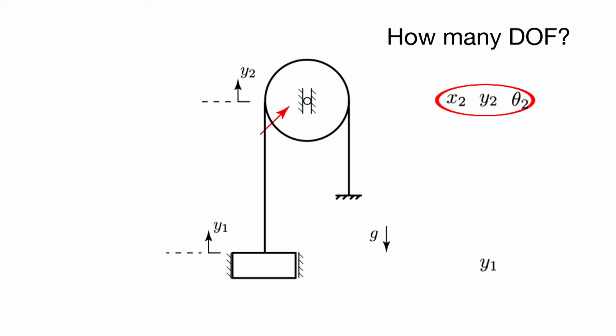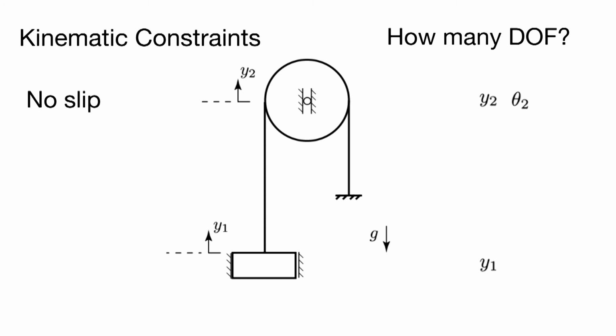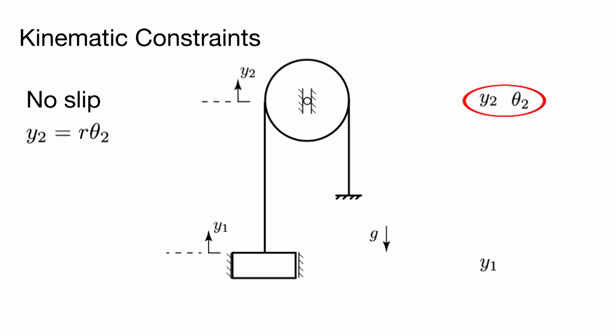The walls constraining the pulley prevent horizontal motion as well, leaving 3 possible degrees of freedom, y1, y2, and theta 2. But these remaining motions are not independent. The no-slip condition between the pulley and the inextensible cable imposes a kinematic constraint linking y2 and theta 2. This eliminates another degree of freedom, leaving 2, y1 and y2.